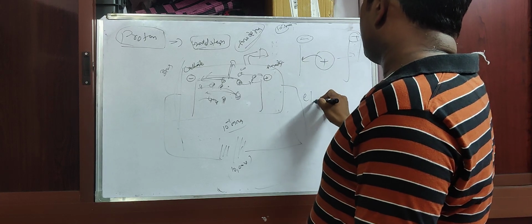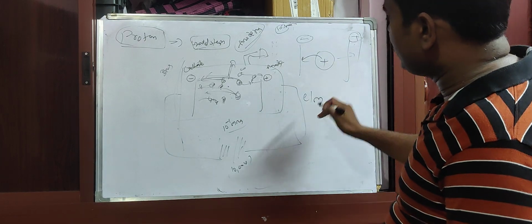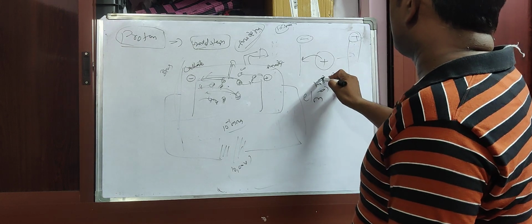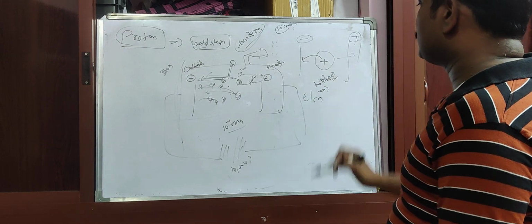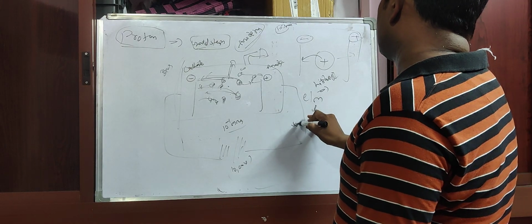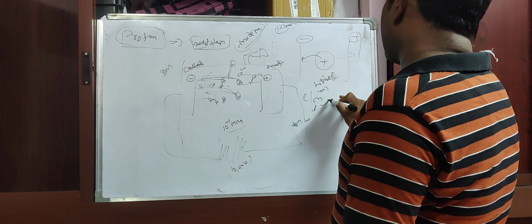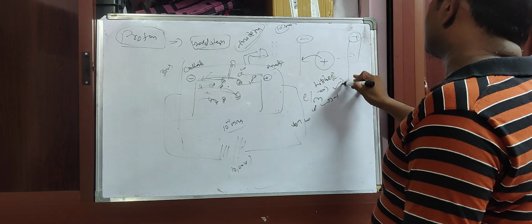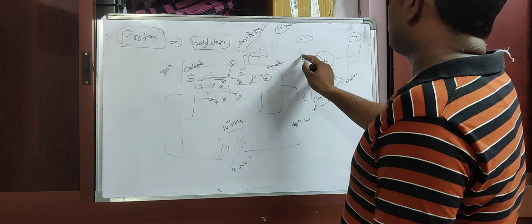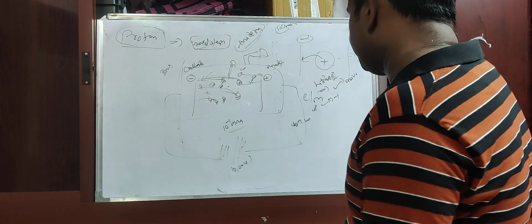In finding the e by m charge, if you want the highest charge by mass ratio, meaning the mass is very low, that gas will have the highest charge per mass ratio and travel towards the cathode side.